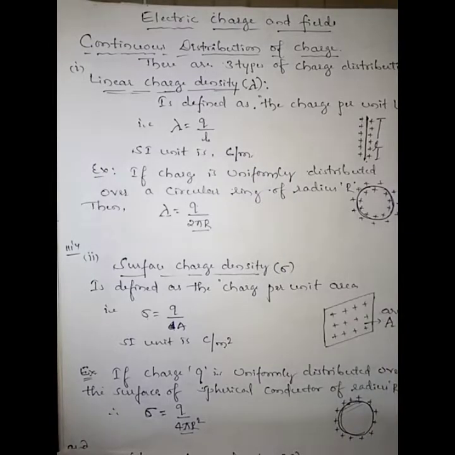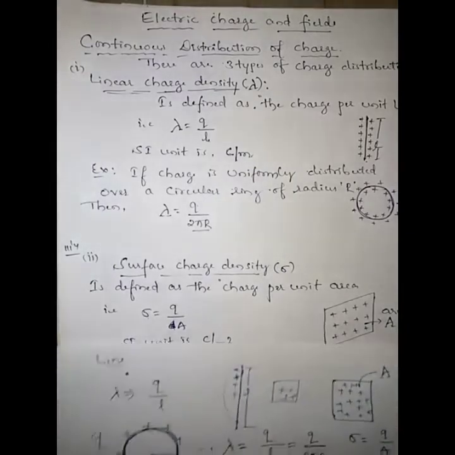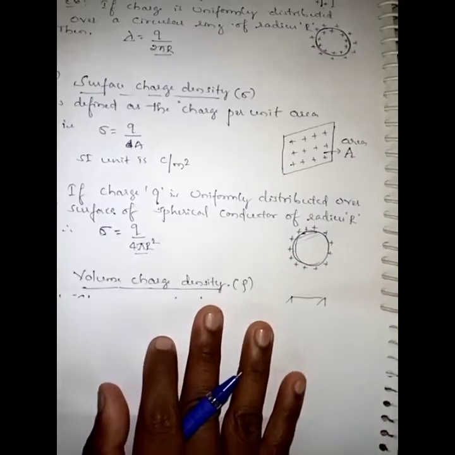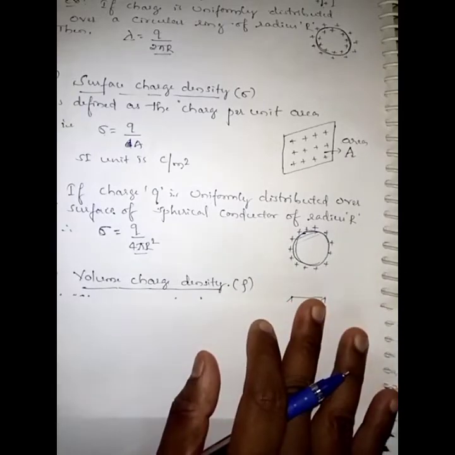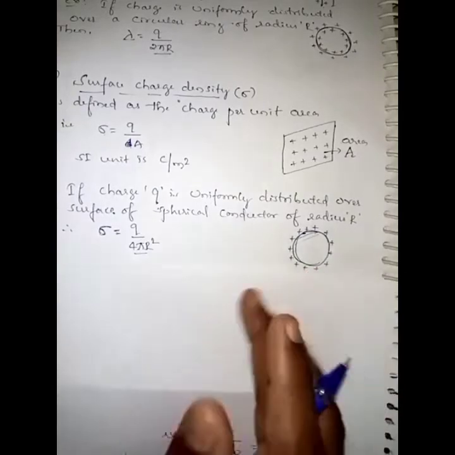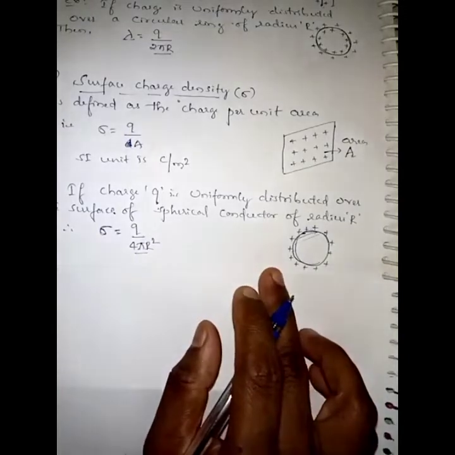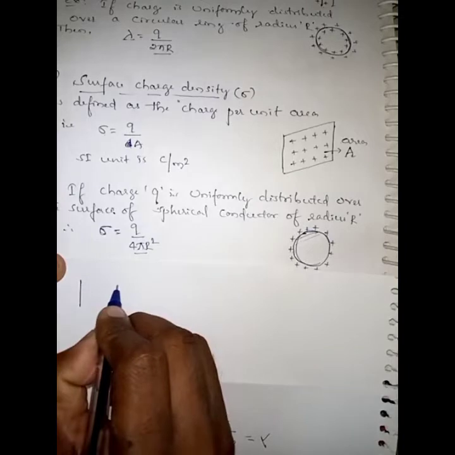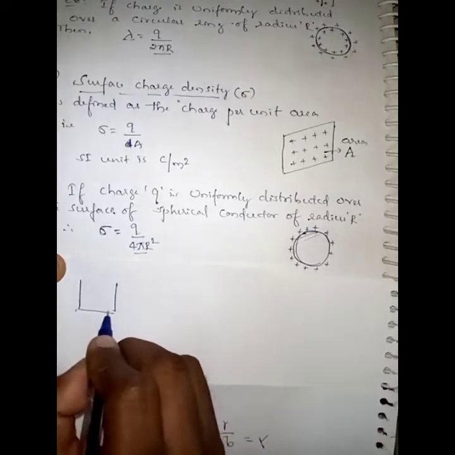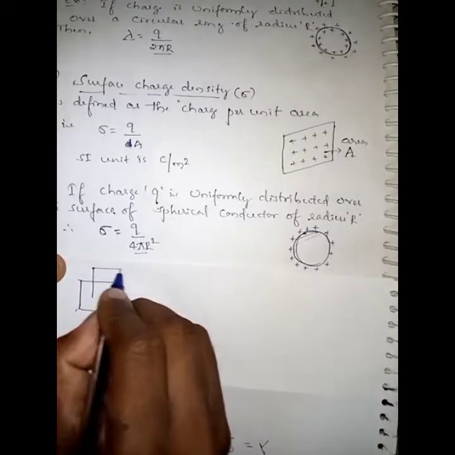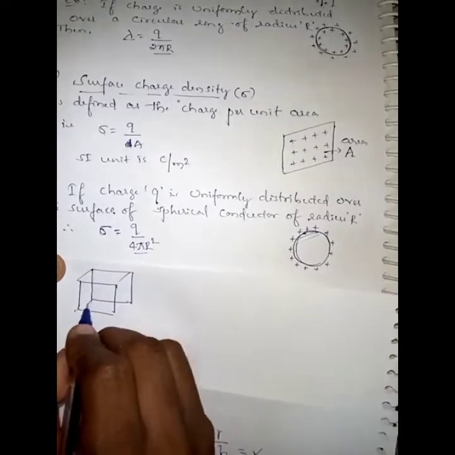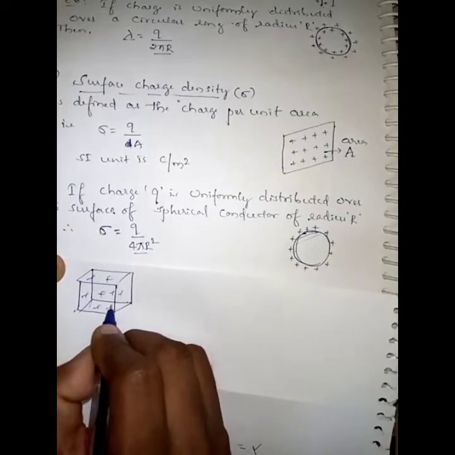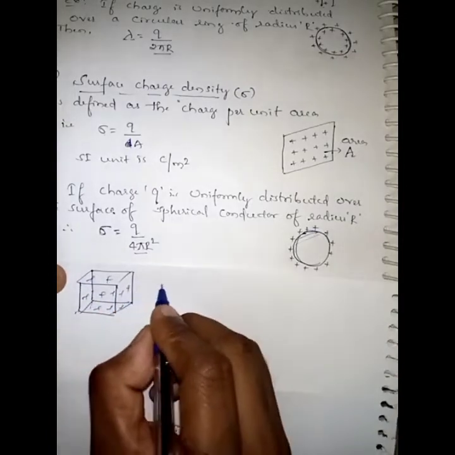Now similarly, one more type is volume charge density. In volume charge density, the total charge is distributed over the entire volume. Consider a cube and place some charges in it.